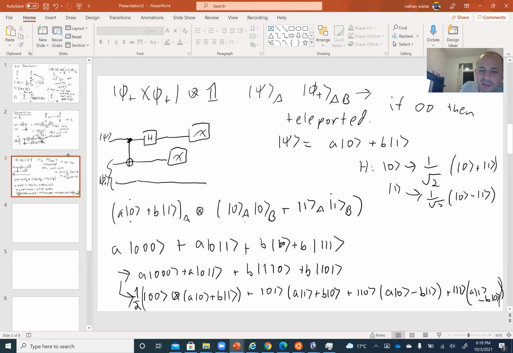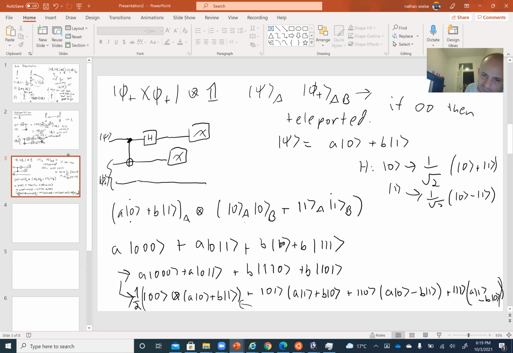Now, you can see immediately that if we measure the first qubit and we get 0, 0, then we project onto this state. And that state will be of the form 0, 0 tensor, the correct state, psi. So if we measure 0, 0, then Bob will have received the state psi.